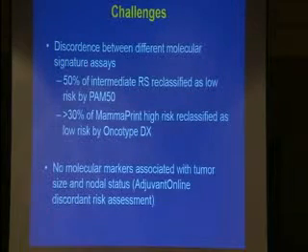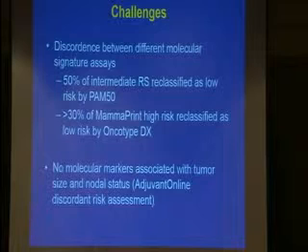Well, the problem with these assays is that they are very nice if they tell us the patient is low risk or definitely high risk, but if the patient falls in the intermediate risk group, they are not that helpful. Also, there is discordance between different molecular signature assays. For example, 50% of patients that fall in the intermediate risk by Oncotype DX are reclassified as low risk by PAM50.